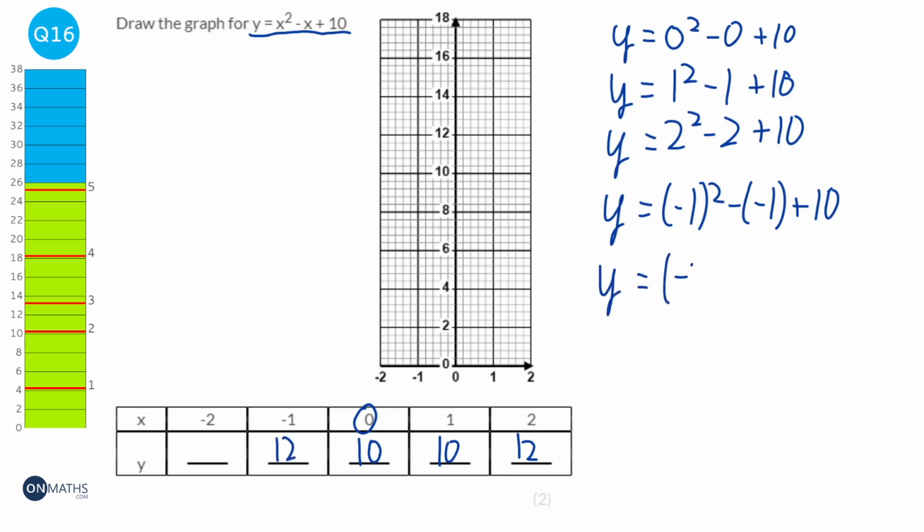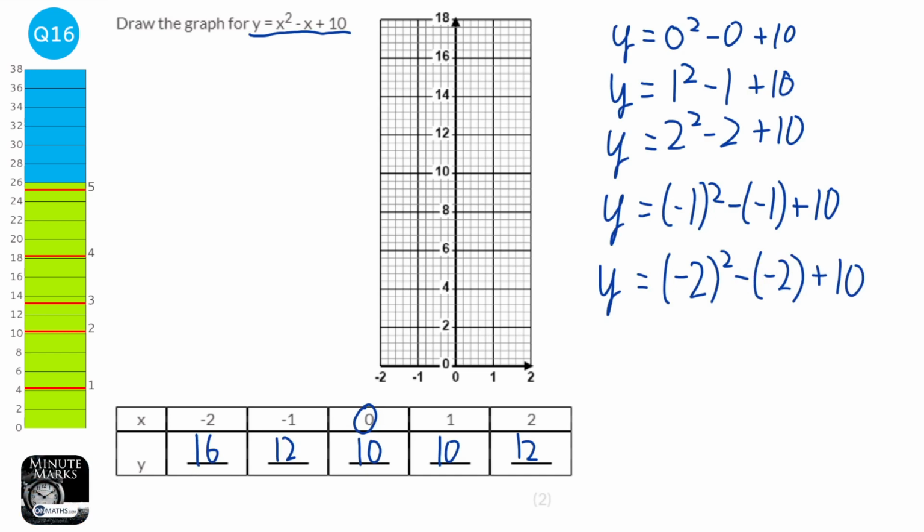And then we'll do the minus 2, so it'd be minus 2 squared minus 2 plus 10. So minus 2 squared is 4. The 2 minuses here make a plus, so it'd be plus 2, which would be 6, plus 10 will be 16. So we're going to plot these on our graph.